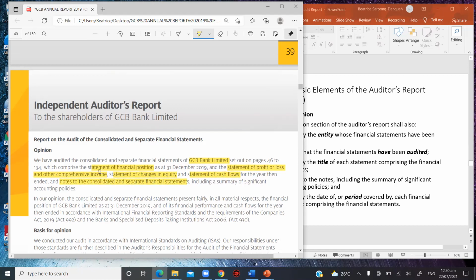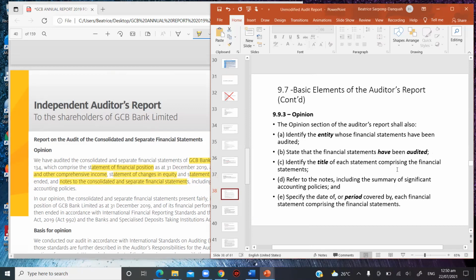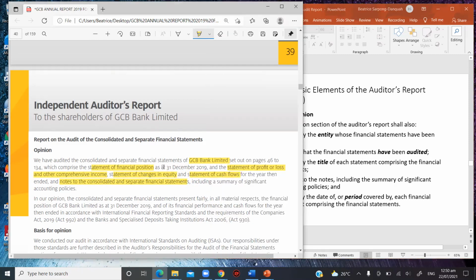So you see, it will identify all the financial statements that have been audited. It will also give the title as they've presented over there. And it will refer to notes. I've made mention of that. It will specify the period. So you realize that here, as at 31st December 2019. So the period has also been what?